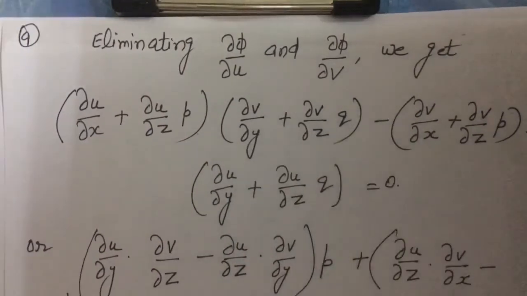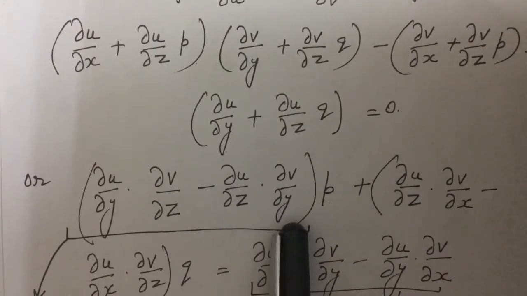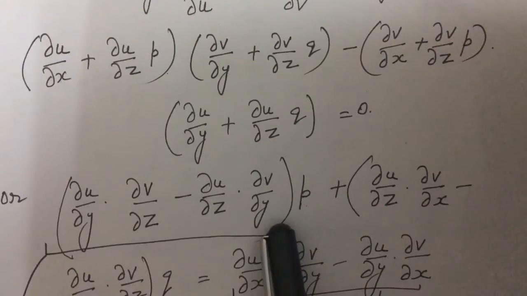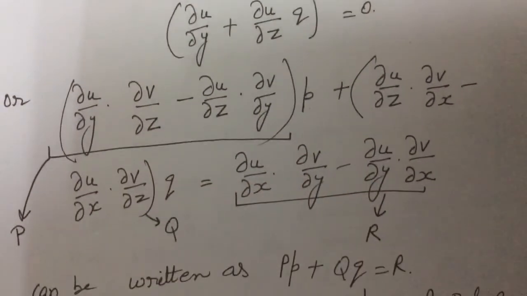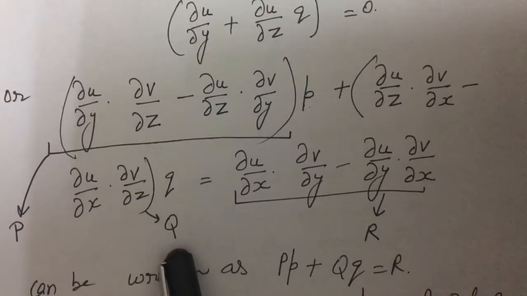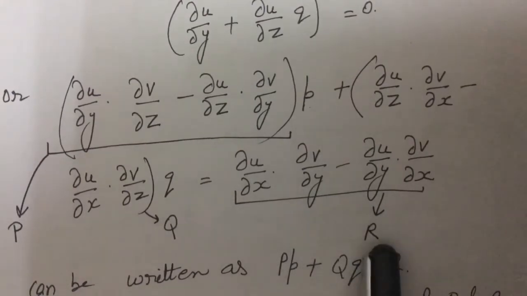After all the multiplication you will get the terms in this way. Now the coefficient of this small p is named as capital P. The coefficient of small q is named as capital Q, and all other terms are transferred to the right hand side, which are known as capital R.